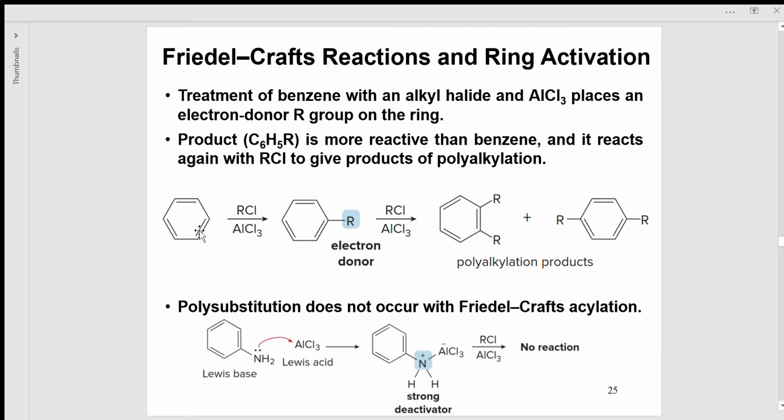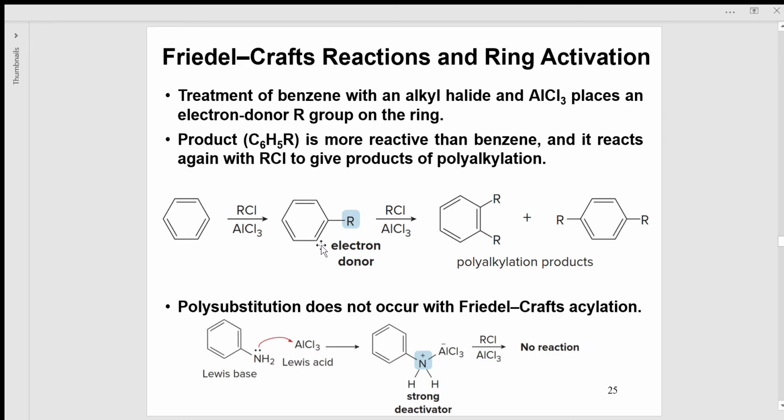The reason is we can do the first step reaction. Whenever the alkyl group is introduced to the benzene ring, it is an electron donator, donating its electron towards the benzene ring. So the electron density here is higher than here. So if we have more alkyl halide, the second step reaction is actually faster than the first reaction, again because the electron density in this benzene ring is higher than this benzene ring. When we do the second step reaction, again, this is an electron donator.